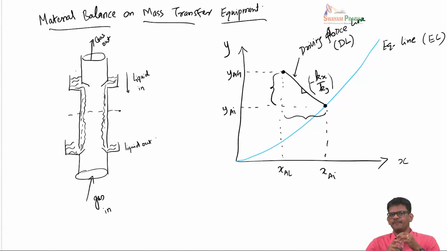Like I said, Kx, for example, is the mass transfer coefficient on the liquid side. You may want to change the turbulence. For example, you can increase the flow rate of the liquid flowing down the column by changing the head. If you think about the pressure head at the column, and if you make the liquid column height very high, the hydrostatic pressure will be very high. You may be able to send the liquid at much faster rates.